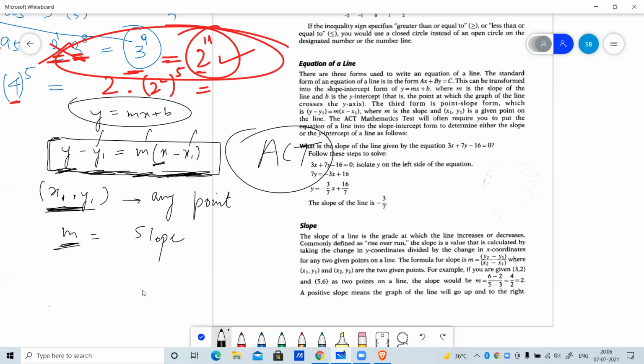I'll give you an example. If there's a line passing through the point 2, 3, and its slope is -7, can you write the point slope form of this line?